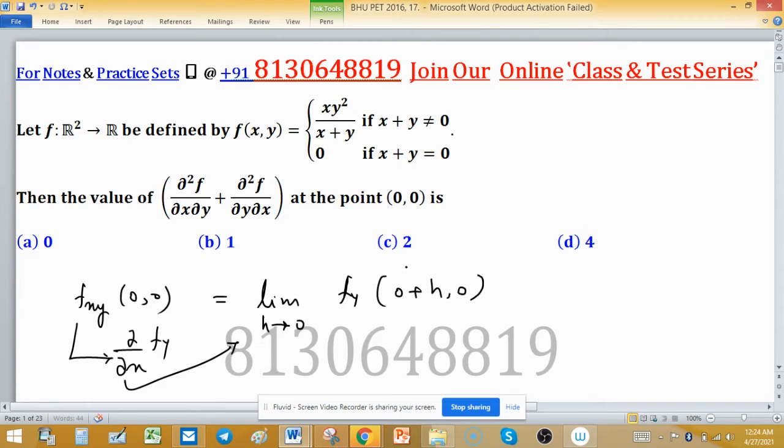These are points: a plus h comma b, if we are doing partial derivative at point ab. So we can write like this: minus fy at 0 comma 0 divided by h.